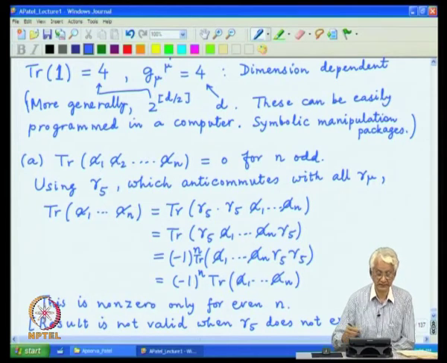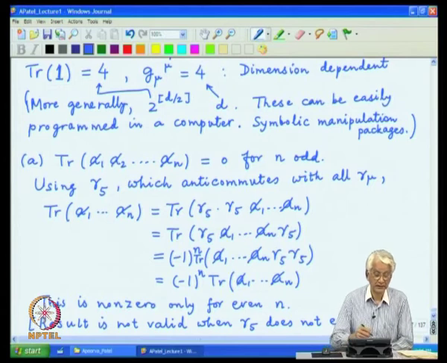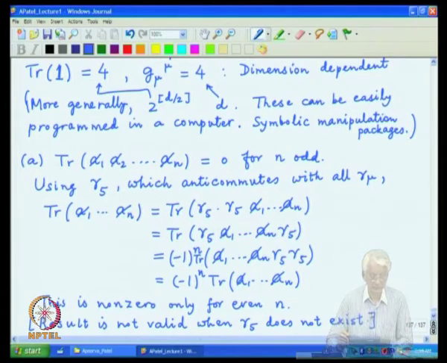Doing calculations with d not equal to 4, you can't just throw out all the odd products of gamma matrices from the traces. You have to evaluate them again by certain manipulations and do the calculations with a little more care. The computers can be programmed to do those kind of calculations as well.